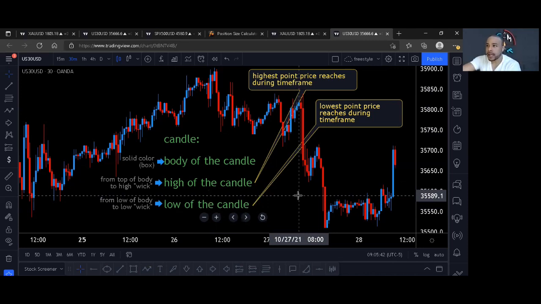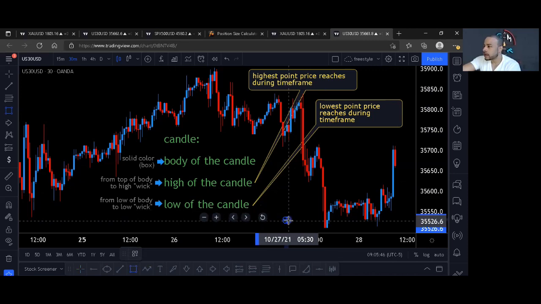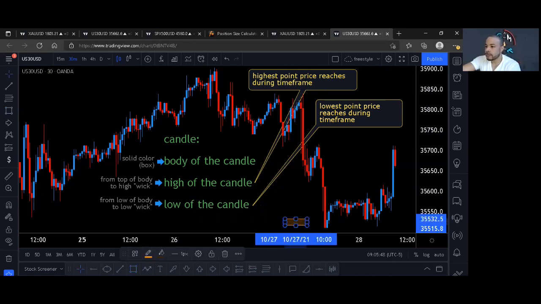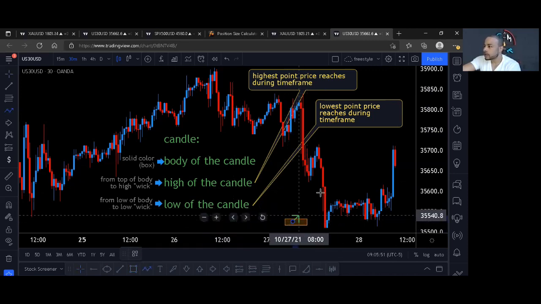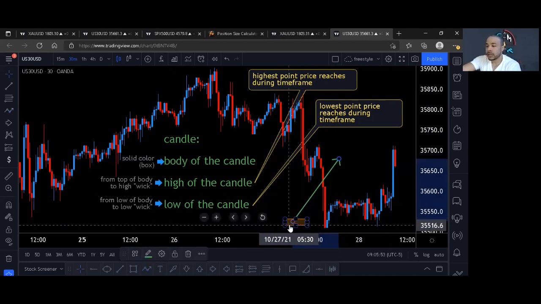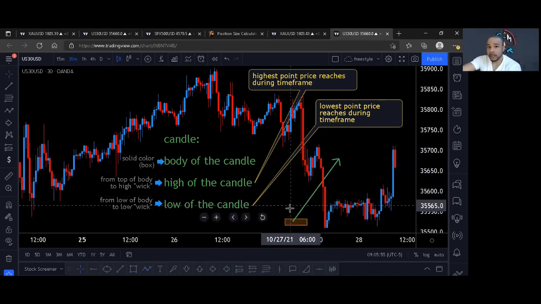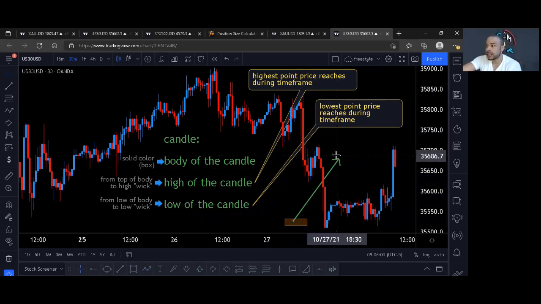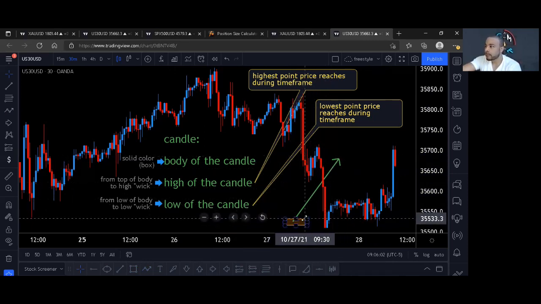If we know price is moving from here to here, then we know we can get in for a buy because we know price is moving from here and making its way upward.